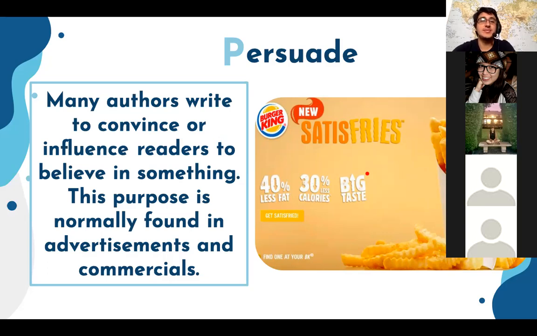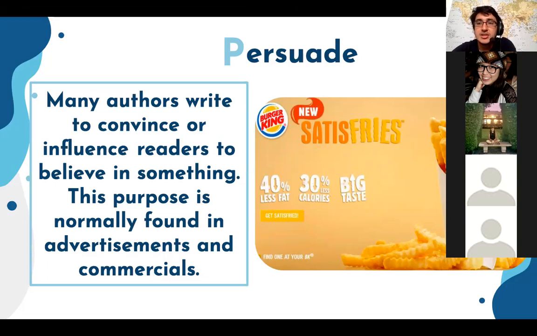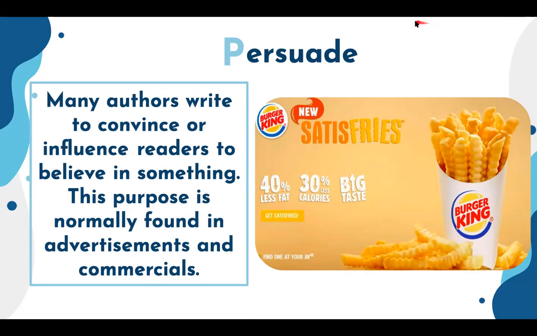Many authors write to convince or influence readers to believe in something. This purpose is normally found in advertisements and commercials. Okay, very good. Thank you, Carla. So as Carla said, this is used to influence the readers to believe in something. Here in our example, we have an advertisement for Burger King.